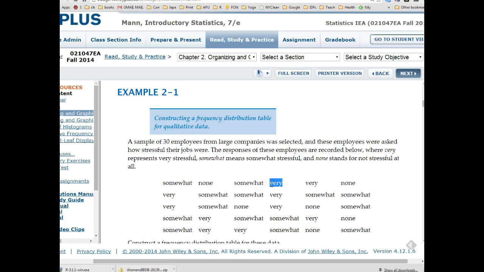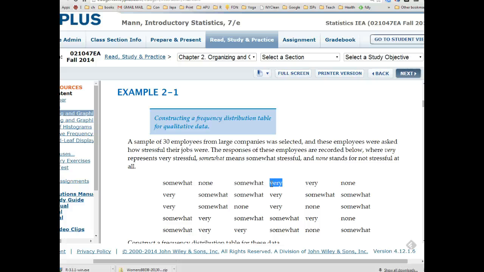So what could we call this variable? Anybody want to give it a name? Stress? Okay, good. Stress or stress level? And is it quantitative or qualitative? Qualitative. In R, what do they call qualitative data? Factors.